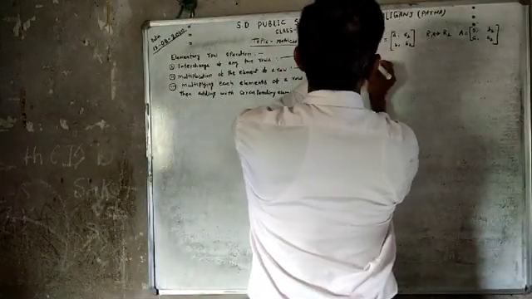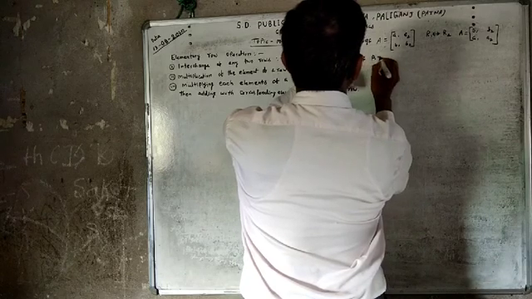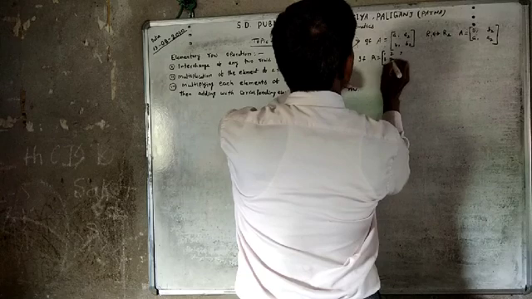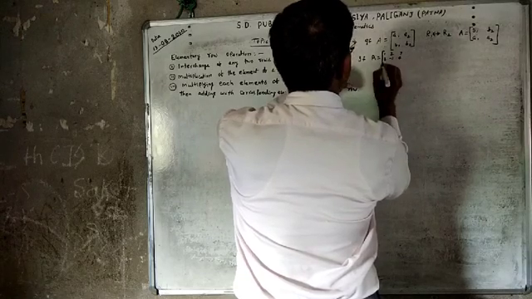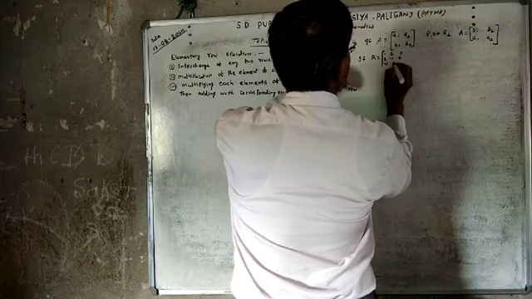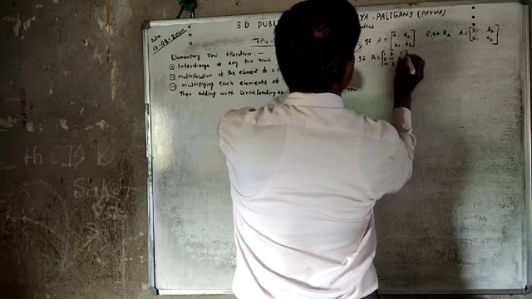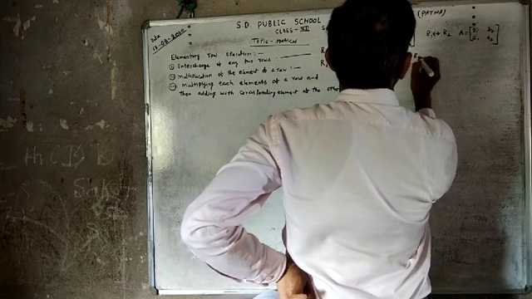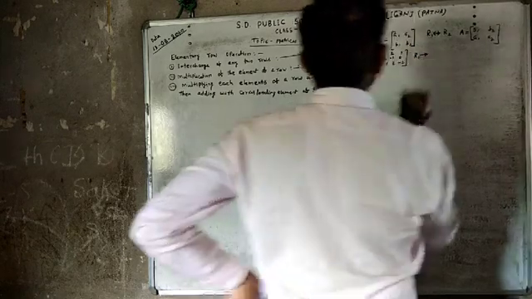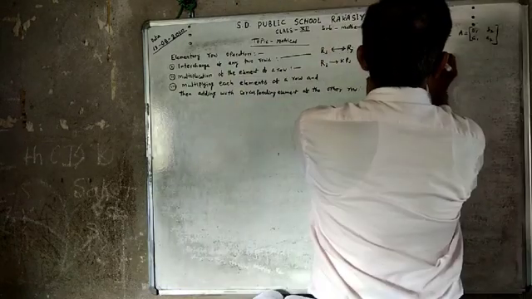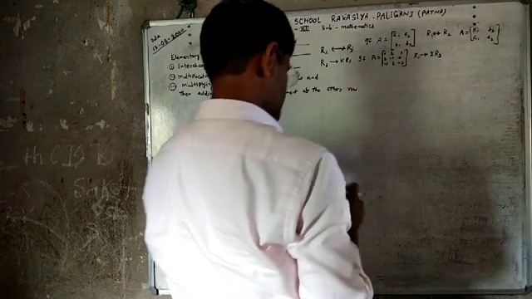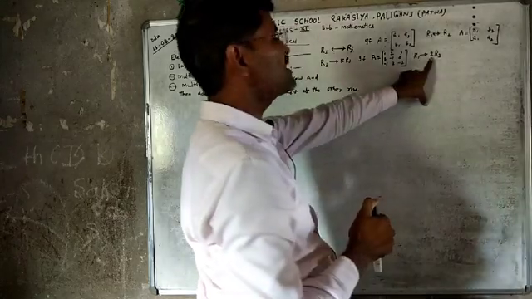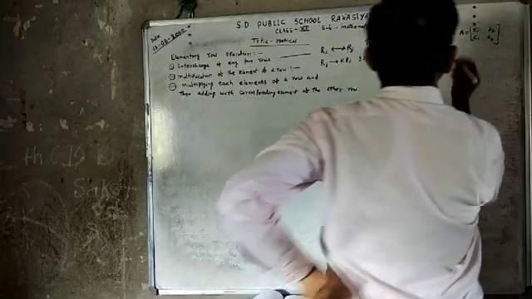Suppose the matrix A is given as 1 2 7, 2 minus 1 0, and minus 1 2 minus 2, and we want to multiply R3 by 2, which means every element of the third row is multiplied by 2, and the matrix is obtained.